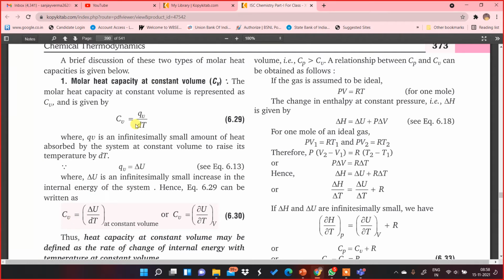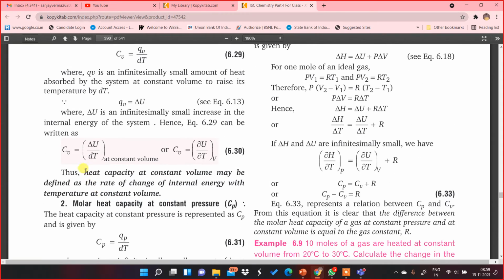CV is equal to, substituting the value of QV, dU by dT at constant volume, or CV is del U by del T within brackets, with the volume V written in capital, that is constant volume. This is one formula which will help us work out the relationship between Cp and Cv, the molar heat capacity at constant pressure and at constant volume. Thus, my dear students, the heat capacity at constant volume may be defined as the rate of change of internal energy with temperature at constant volume.